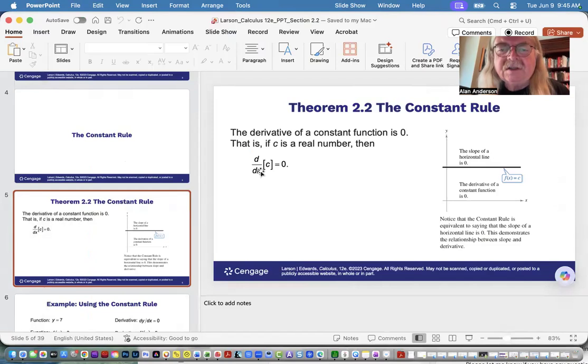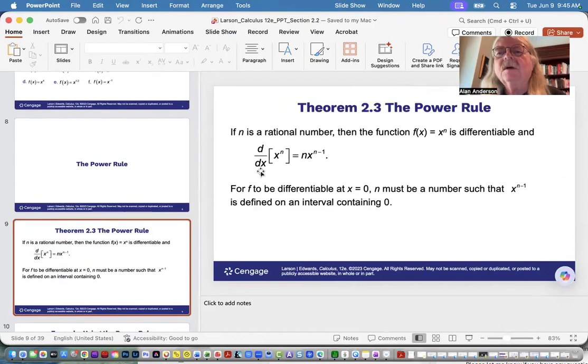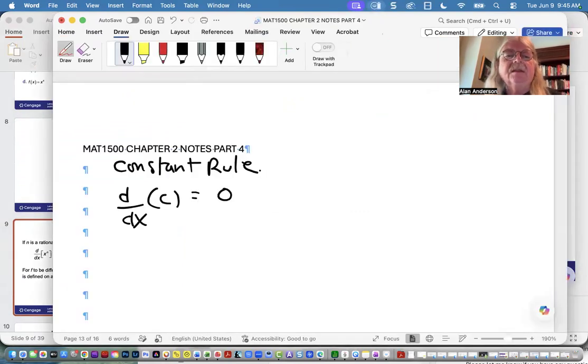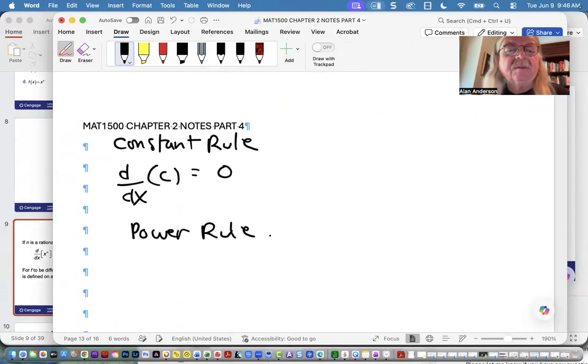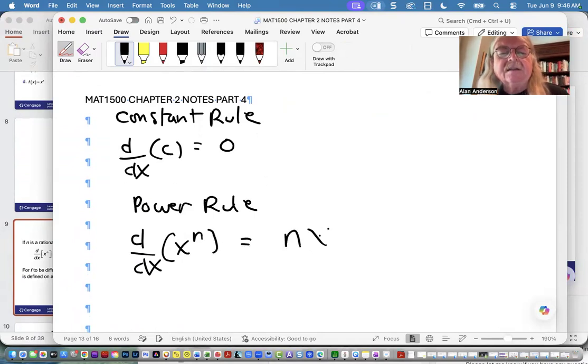Then they introduced us to the power rule. Now, this is the one that we use all the time, and variations of it, I should say. So here's the power rule. That simply means that if you take an expression like x to the n power, then the derivative is nx to the n minus 1.